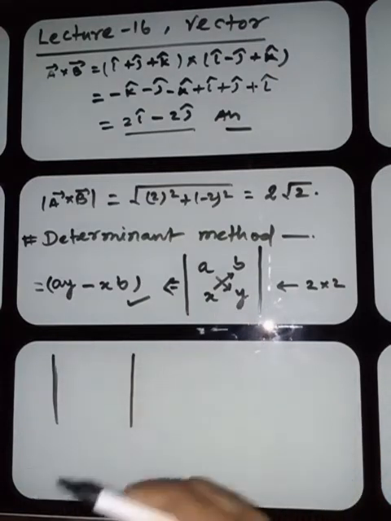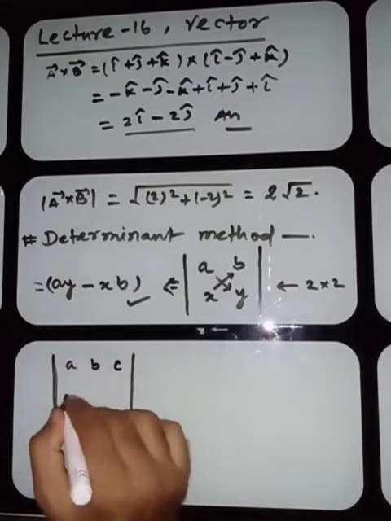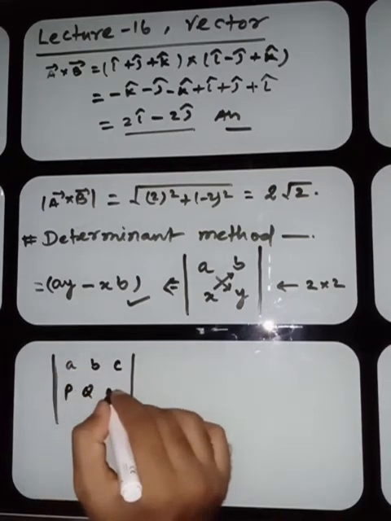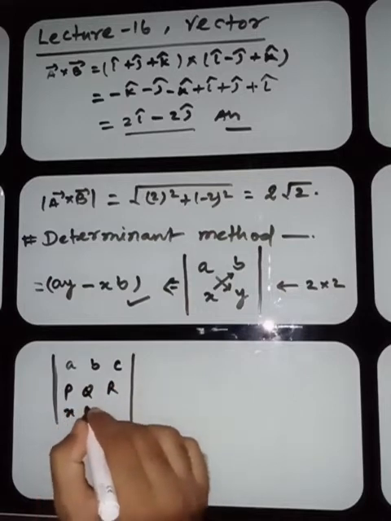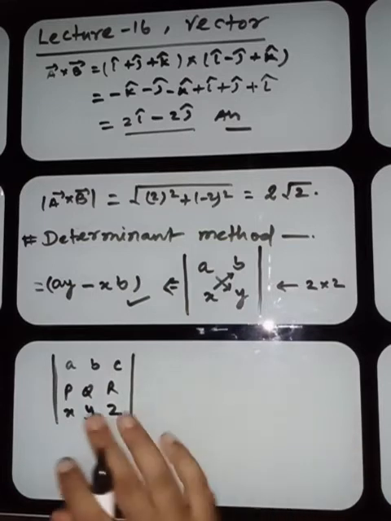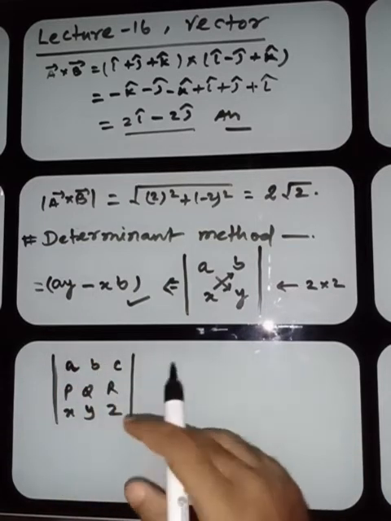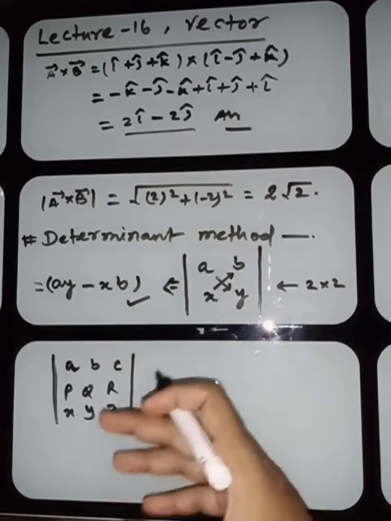So here you can see A, B, C, P, Q, R, X, Y, Z. Now you have the determinant in this form. Now try to understand how you'll find the answer.